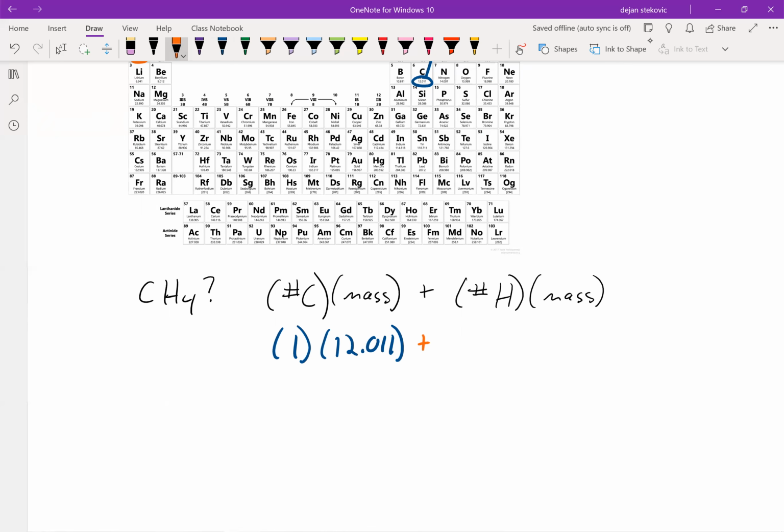And then on hydrogen, in this case, we have 4 hydrogens and they each weigh 1.008 AMU. And so then we just plug that into our calculator and we get 16.043 AMU, right? So you just take the weight of each individual atom, multiply it by how many of those atoms there are, and then add them up together.